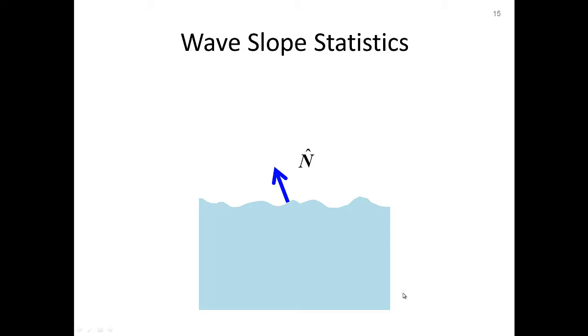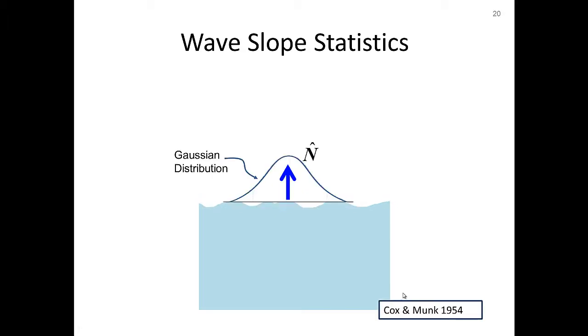Pay attention to the surface point and its surface normal, which corresponds to the surface slope. Following Cox and Monk from 1954, the water-air interface normal n is random in space and time and has a Gaussian distribution. The variance of n depends on meteorological parameters.